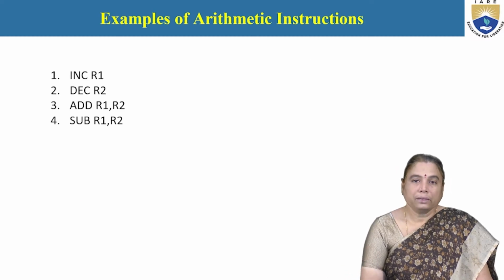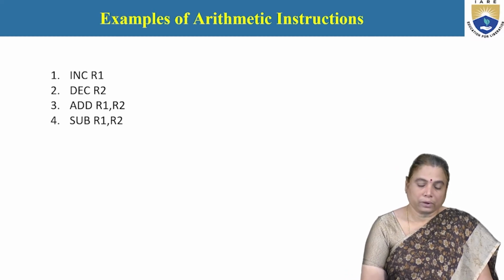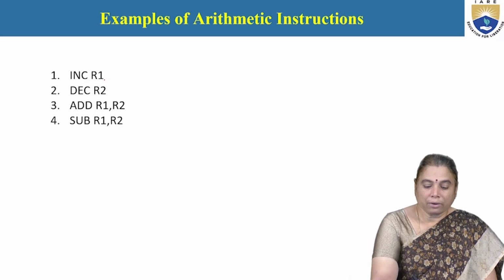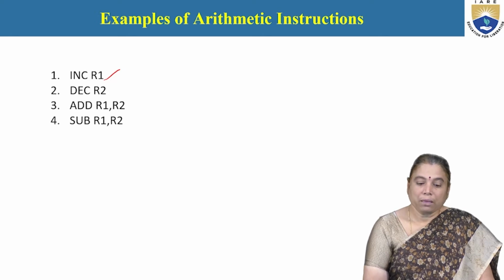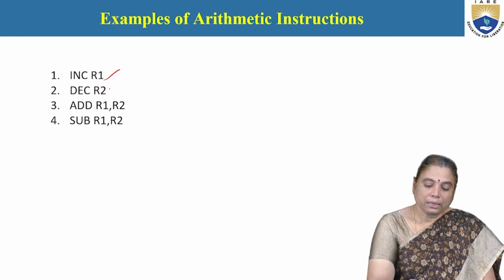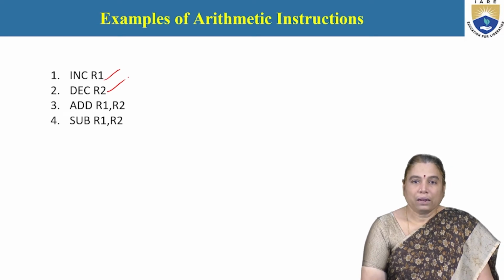How to apply these arithmetic micro instructions? INC R1: the register R1 value is incremented by 1 with the help of the INC micro operation. DEC R2 means the value of the register R2 is decremented by 1 with the DEC micro operation.